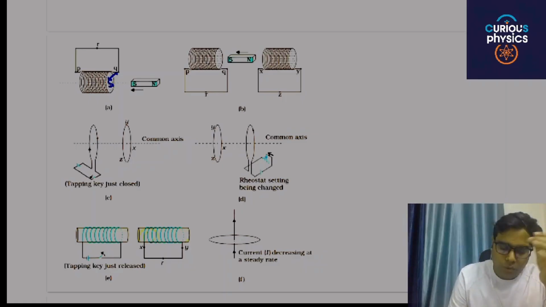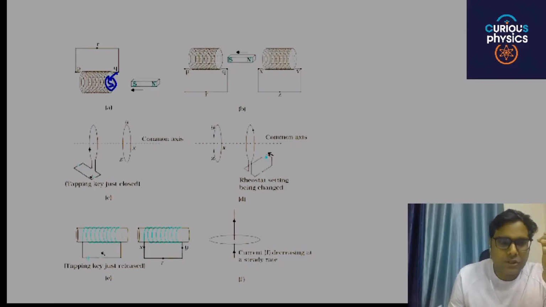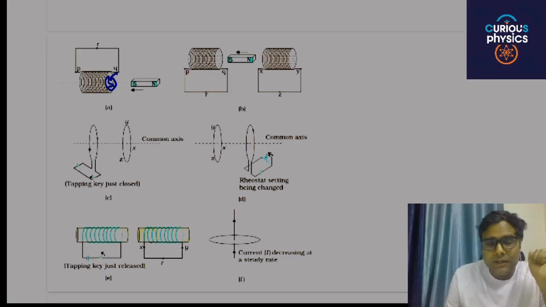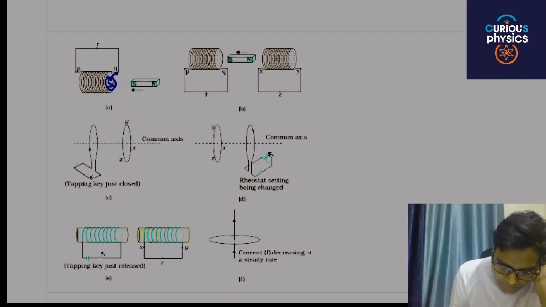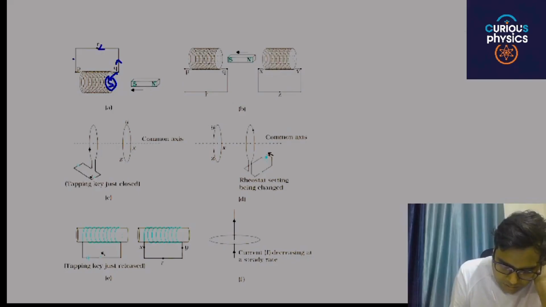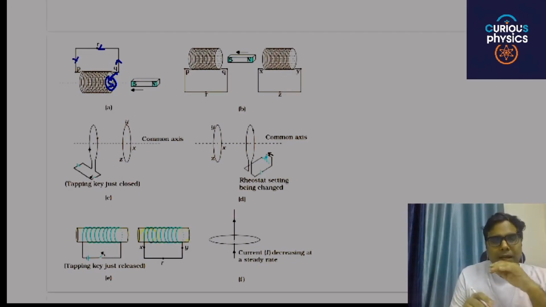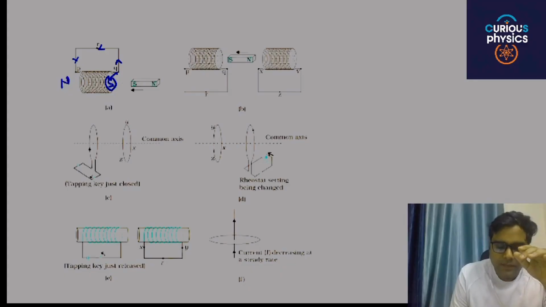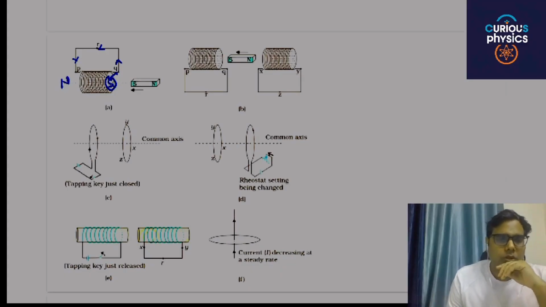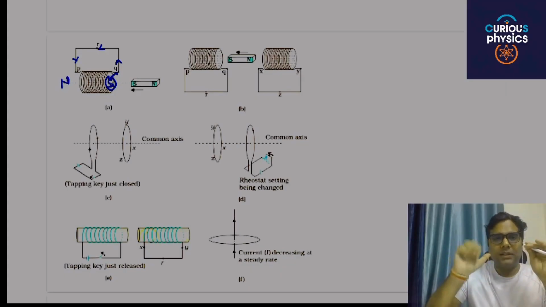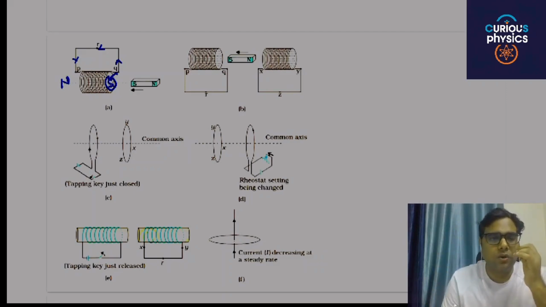So if you want to produce a south pole here, the direction of electric current in this particular coil will be in this direction, which will produce the magnetic field, the north pole here, but inside the magnetic field moves from south to north in this direction. The magnetic field outside the solenoid will be in this direction. So this will be the direction of magnetic field that will create a south pole here. Are you able to understand my point or not?